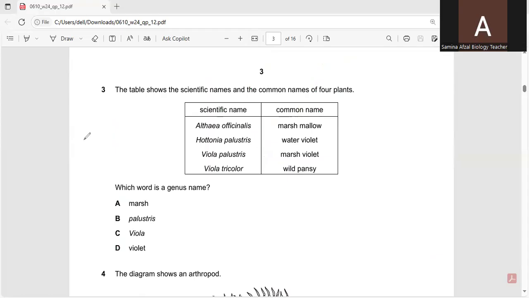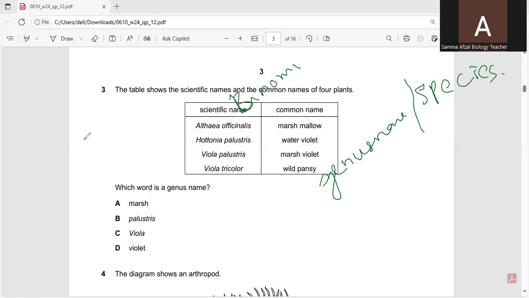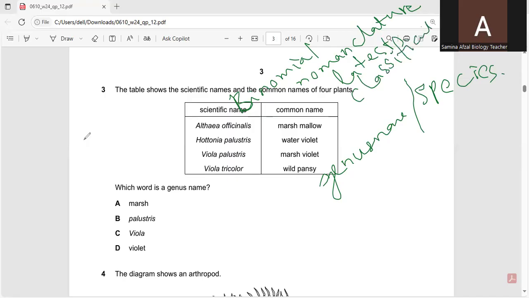According to the classification system, the binomial system, or binomial nomenclature, which is the latest classification system to give scientific names to organisms, the first name is the genus name and the second name is the species name.